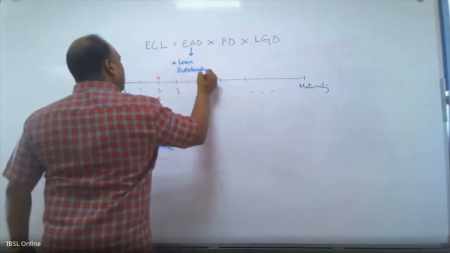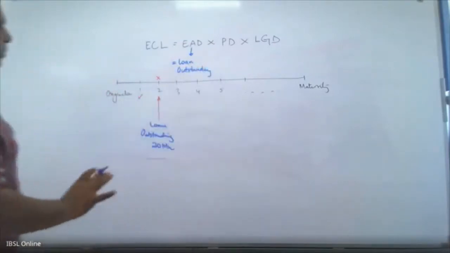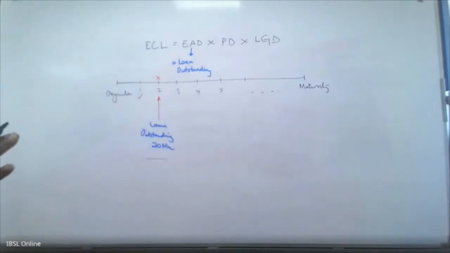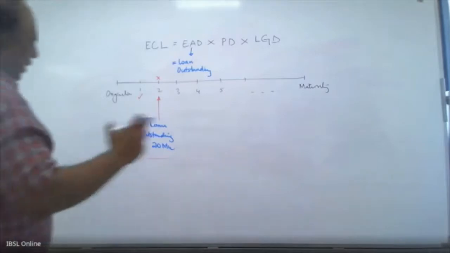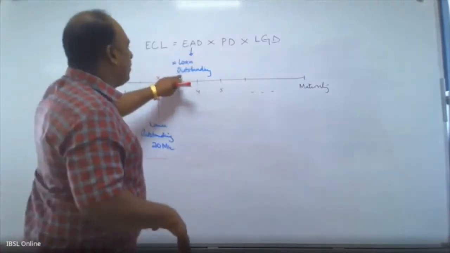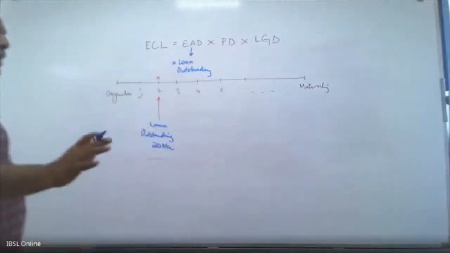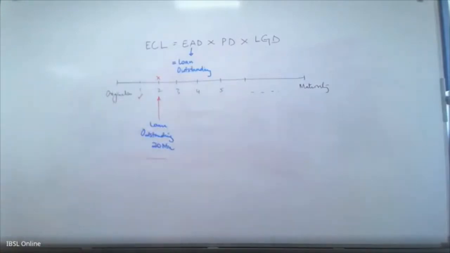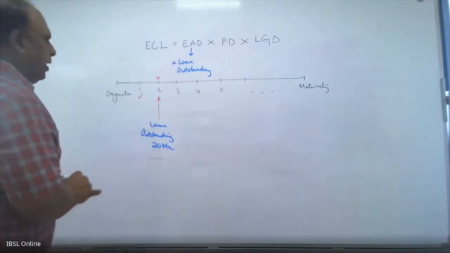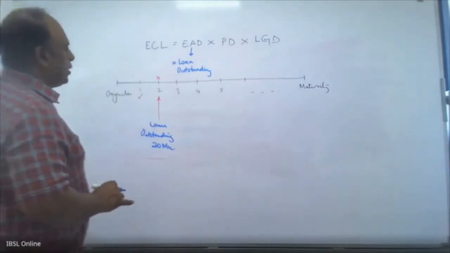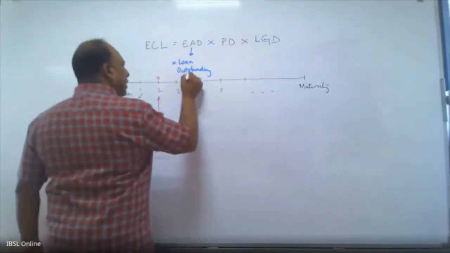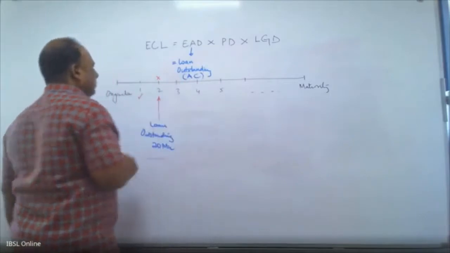I'm not going to complicate much because I know this is a complex subject. For your understanding, exposure at default is loan outstanding, because in examination, you will not be tested to calculate this. This is a long calculation. So don't worry. You will be given the loan outstanding, which will be taken as the exposure at default. So basically, we are talking about the amortized cost.